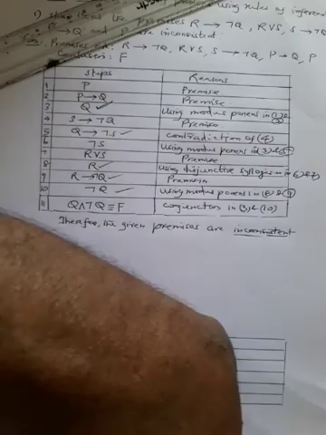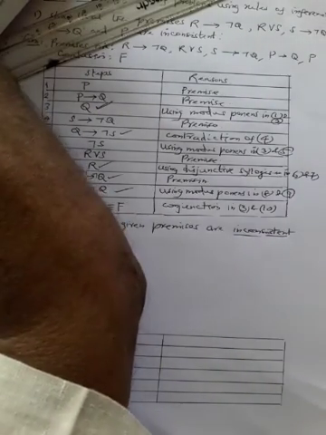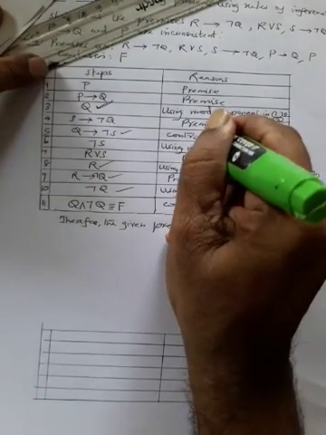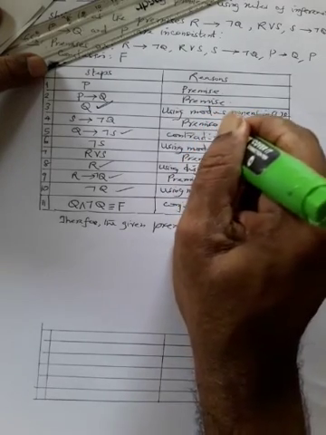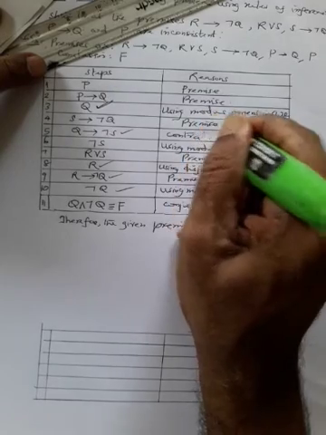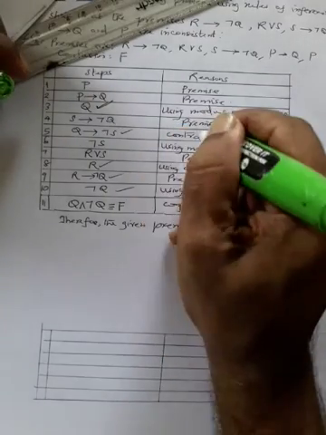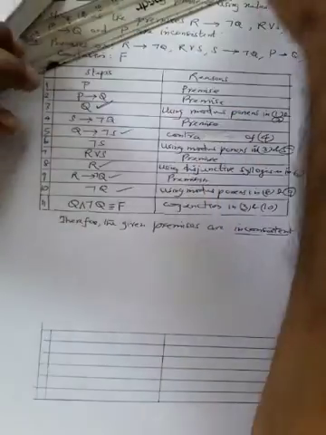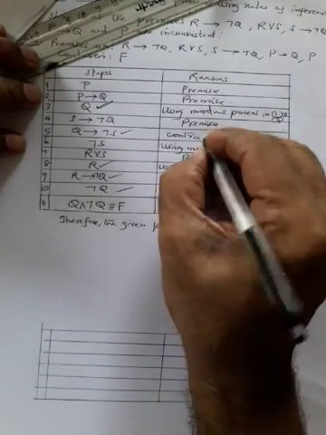Contrapositive is always true. To get the contrapositive, take negation on both sides and then reverse it.